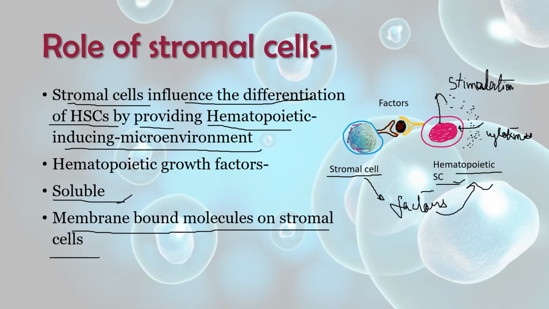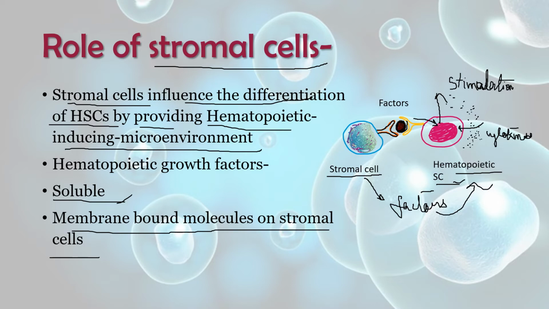This receptor which is present on the hematopoietic stem cell recognizes this particular factor, which ultimately leads to the activation of the hematopoietic stem cell to get differentiated into a particular type of cell lineage. So these stromal cells play a very important role in the differentiation of the hematopoietic stem cells. Through this, the hematopoietic stem cells get to know what kind of cell lineage they have to differentiate into.